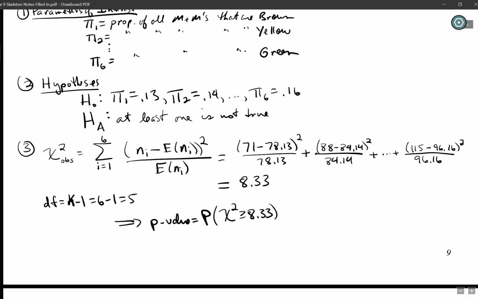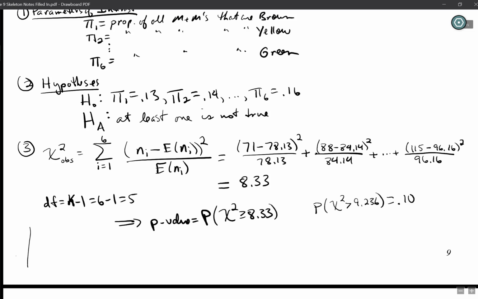You could use Excel, or JMP or some other stat package to get this probability exactly, or really close. If you appeal to the book and their chi-square chart, as I've done, you can look at the probability that chi-squared exceeds 9.236, and it'll tell you that probability is 10%. In other words, the upper 10th percentile of the chi-square distribution with 5 degrees of freedom is 9.236.